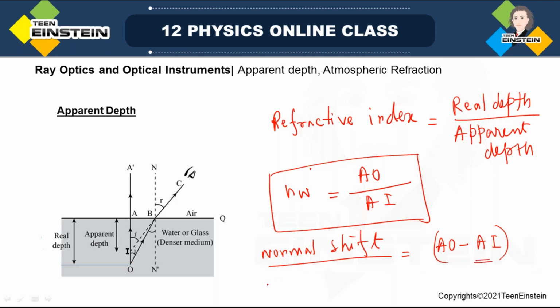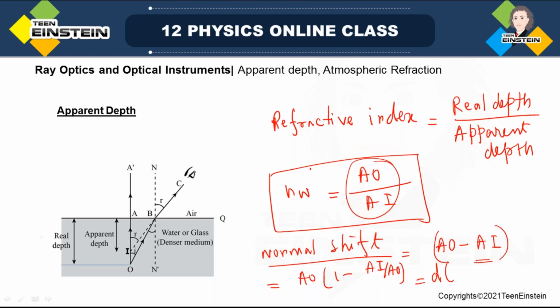This can be obtained if you know the thickness or the actual depth. Look, if I just take this out, 1 minus AI by AO.